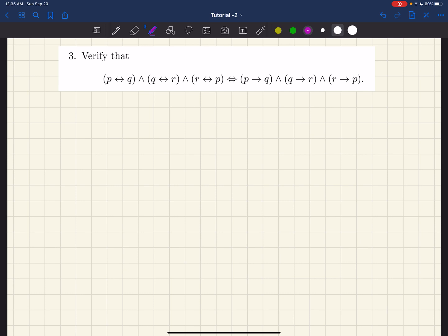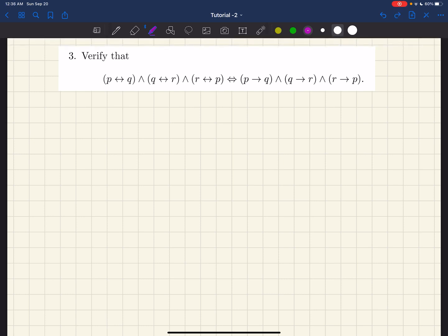For the third part, we have verify P biconditional Q and Q biconditional R and R biconditional P is logically equivalent to P implies Q and Q implies R and R implies P. Again, this can easily be verified by creating a truth table.